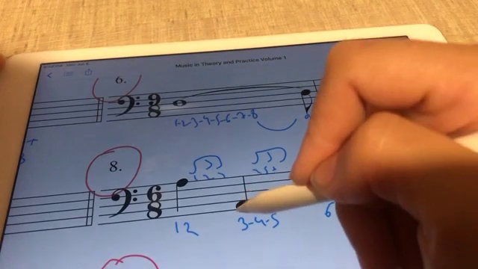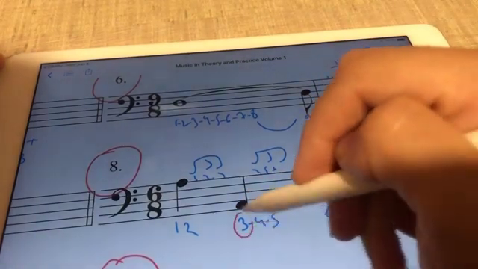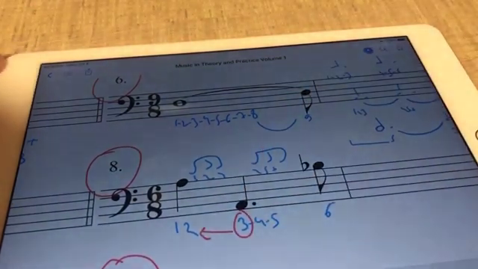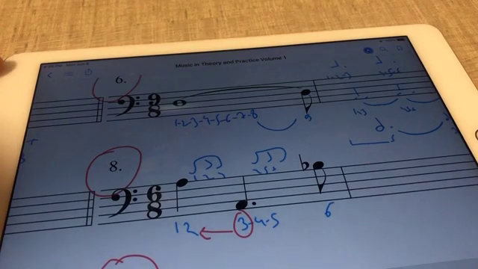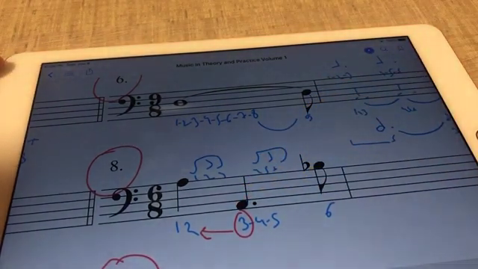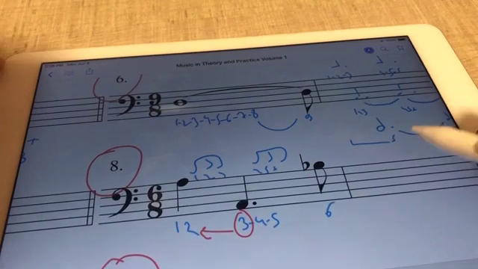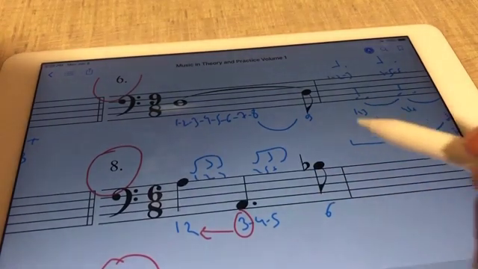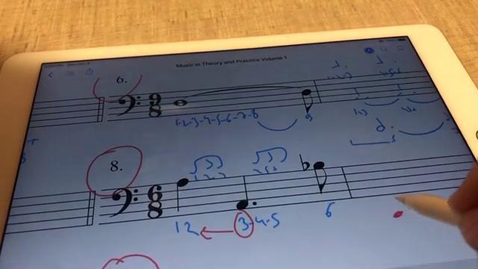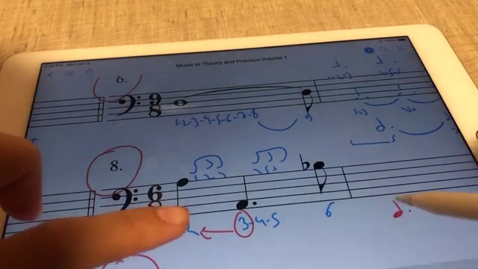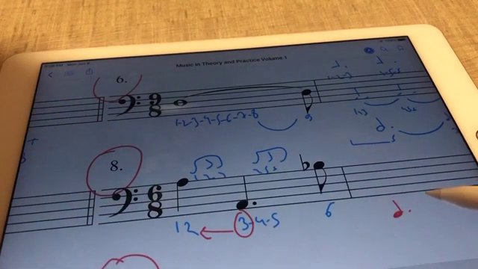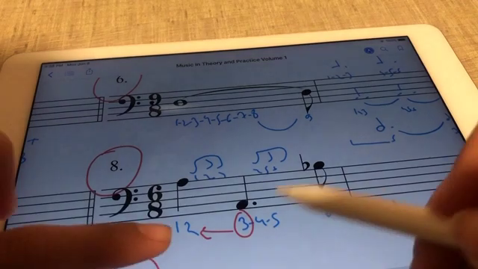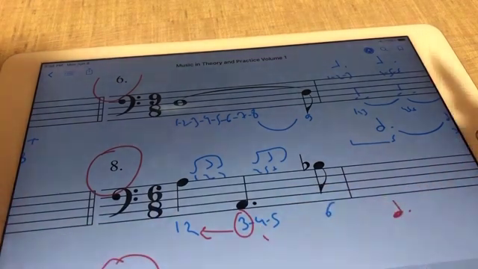So my problem is that I need my 3 to be on this side, right? My 3, 4, 5 cannot be tied. So I need to break this note. So technically this note, I need to break it into a 1 alone plus a 2. This is 3, right? So I need the 1 alone plus the 2.